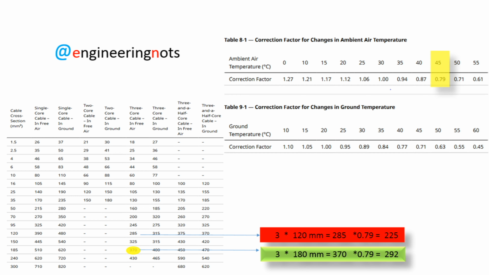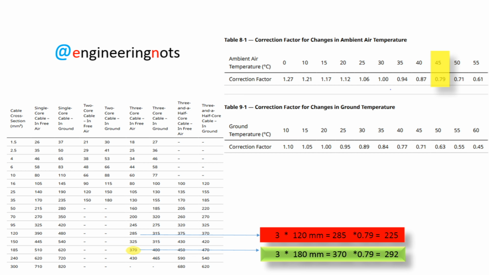That means, at a temperature of 45 degrees, a 120 square millimeter cable can carry only 225 amperes. So we must select a cable with a larger cross-section to solve this problem.